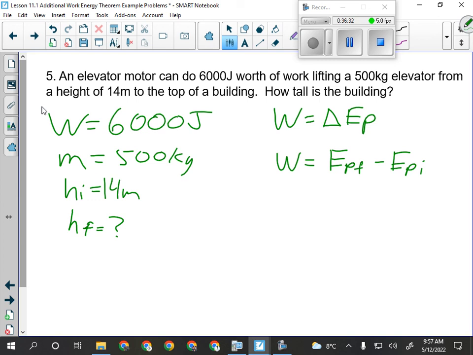So that means I need to move EP initial over to this side. So that'll be work plus the initial potential equals the final potential. Same as we did in a kinetic question a little while ago. Okay, I'm taking the change in energy, I'm adding it to the initial energy. That should give me the final energy. Okay, so still logically we're on track here.